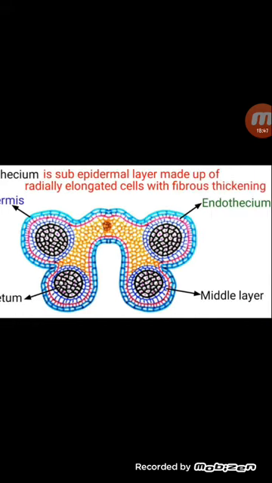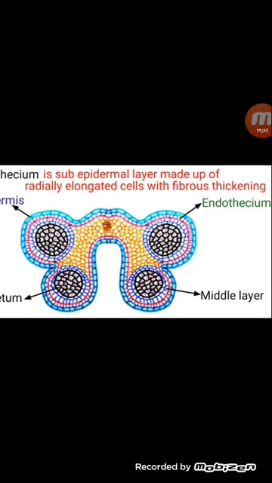Next one, endothecium. Look at the spelling in the diagram on the right hand side, written in red color. Endothecium. It is a sub-epidermal layer made up of radially elongated cells with fibrous thickening.